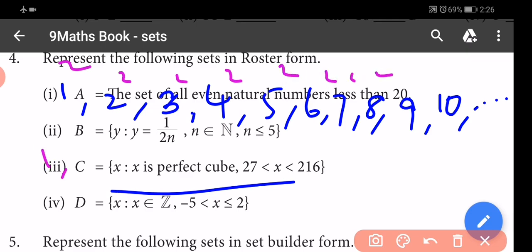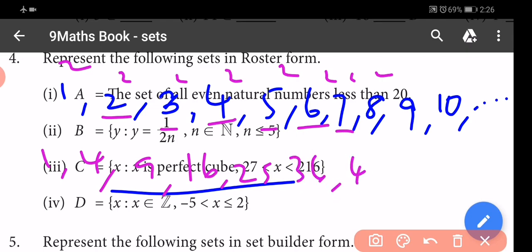That means 1 squared 1, 2 squared 4, 3 squared 9, 4 squared 16, 5 squared 25, 6 squared 36, 7 squared 49. These are all perfect square numbers. Then what does perfect cube number mean?